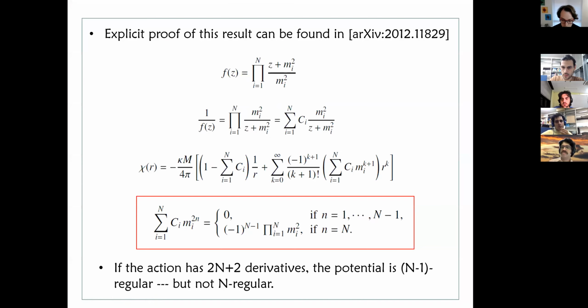And in the case of polynomial theories, you can see this explicitly for the most simple case of polynomial theories with only simple poles in the propagator. Basically, you have the function that's a polynomial. You make a partial fraction decomposition.